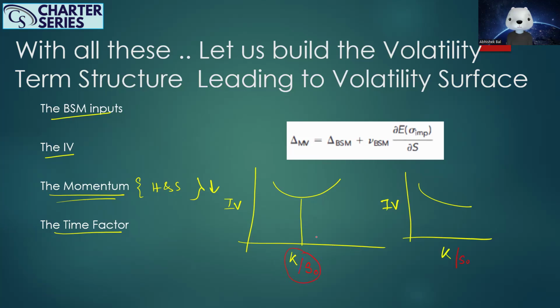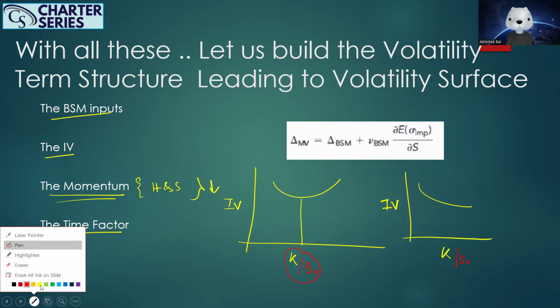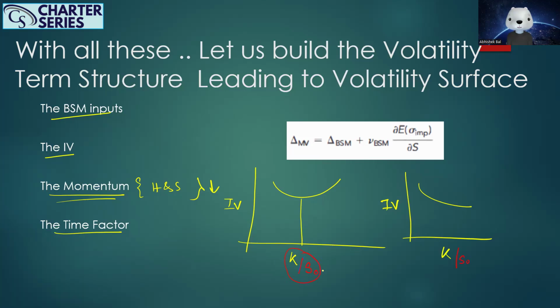What does it mean? It means that we take the ratio of the strike price and the existing market price. This is exactly the reciprocal of the S0 by X, which we use for calculating the d1s. I hope you remember that equation.